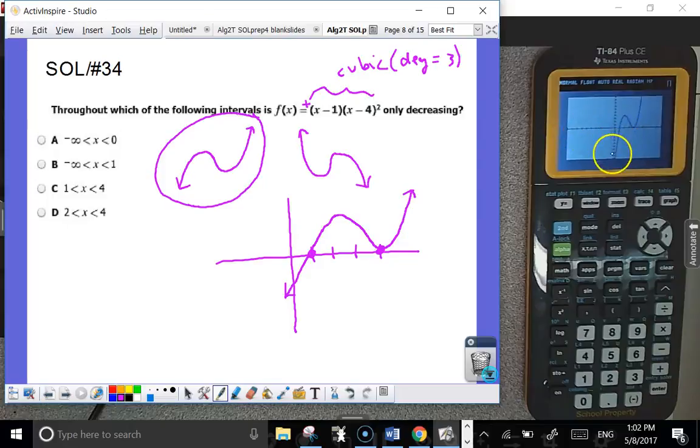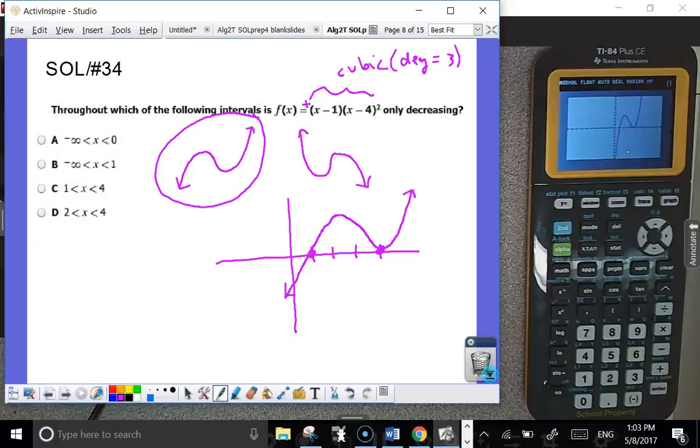And we only see this piece of it, but what is the domain of a cubic? All real numbers. All polynomials are all real numbers. Another one you better write down to know.